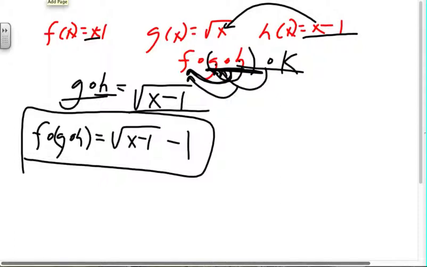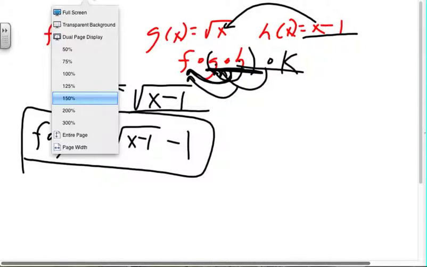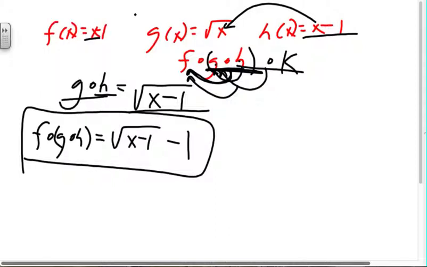Okay, so with that said, the last thing then is I'm given a function h of x, x minus 9 to the 5th. Oh, I forgot something.